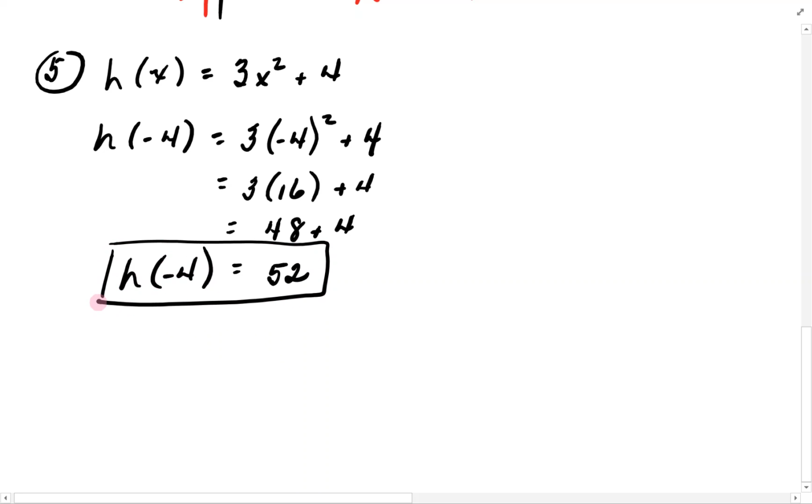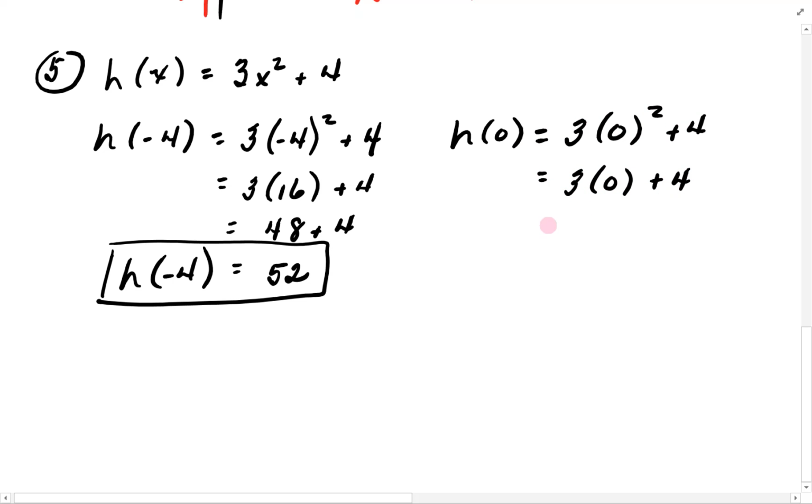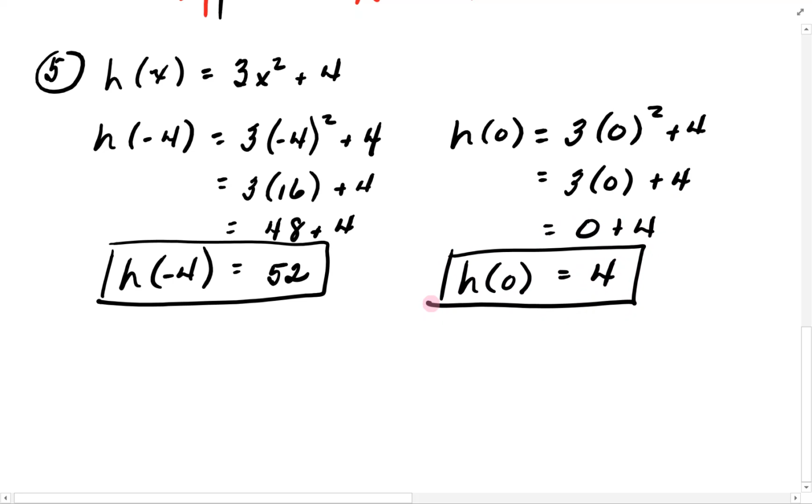The next part asks you to find h of 0. So that will be 3 times 0 squared plus 4. That's 3 times 0 plus 4, that is 0 plus 4, which is 4. H of 0 is 4.